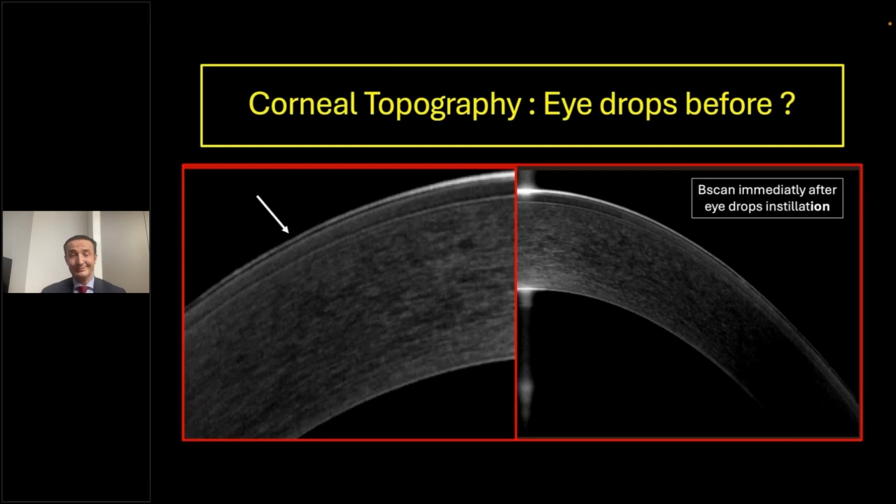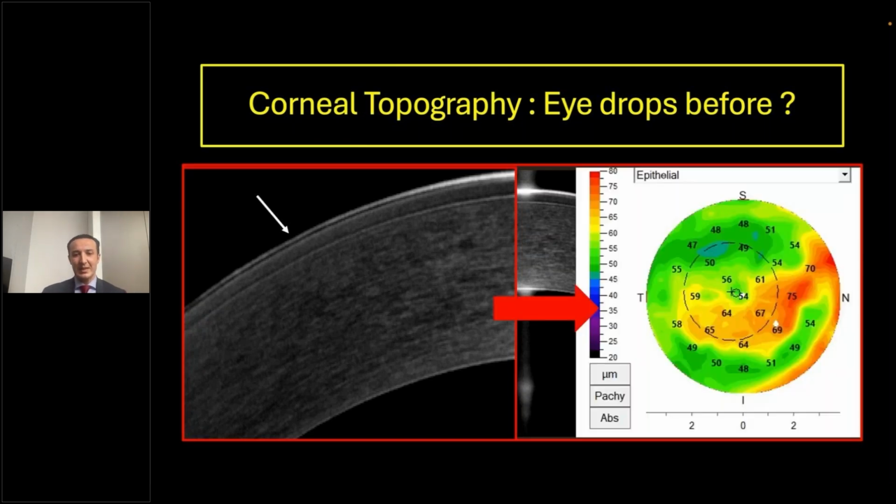And we know that the epithelium mapping is based on the different refractivity of the tear film and also the basal membrane. And when you perform epithelium mapping, the first line will be the meniscus film from the eye drops. And look, we induce an increasing of the epithelium.